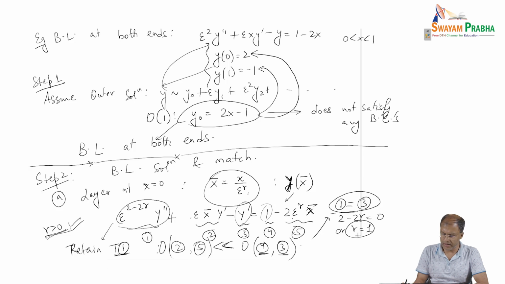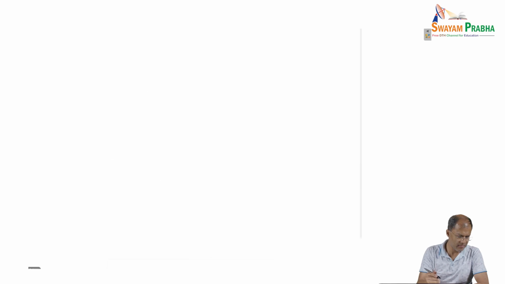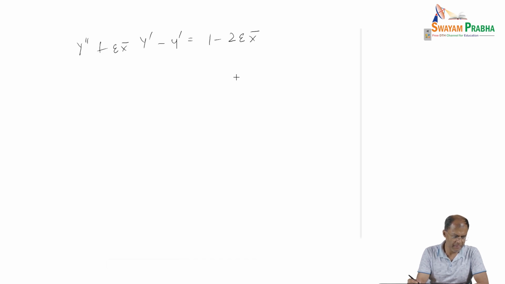So we have found that gamma is 1, and we now have this rescaling that x bar is x over epsilon to the power 1, because gamma is 1. And if we plug it into our equation, we see that y double prime plus epsilon x bar y prime minus y prime is 1 minus 2 epsilon x bar, right?